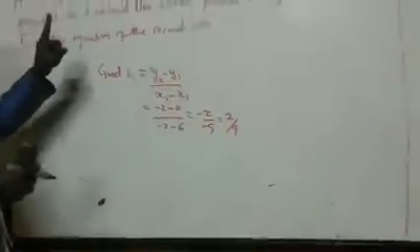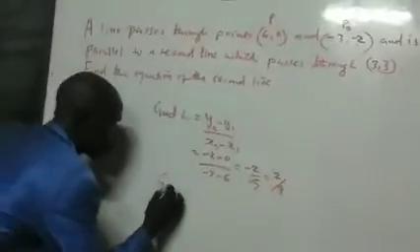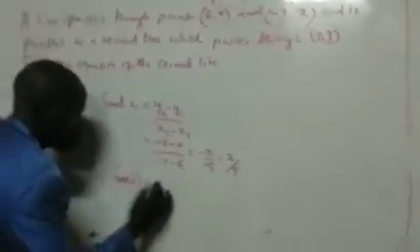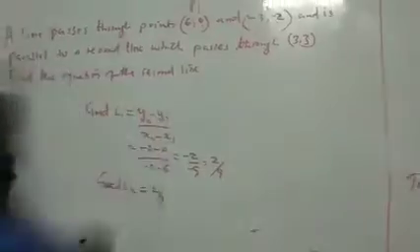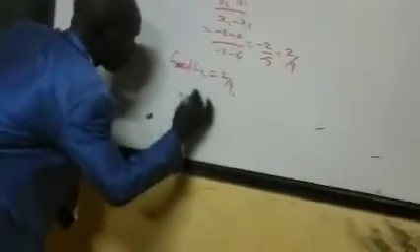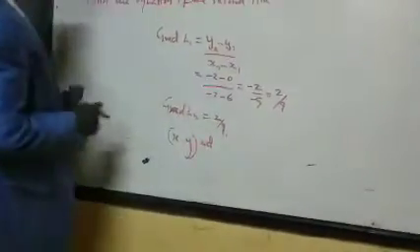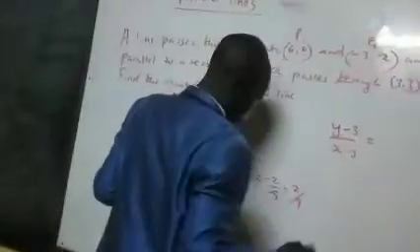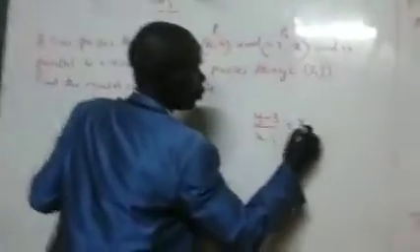And since we are told that the second line is parallel to the first line, then the gradient of the second line is now 2 over 9. Now taking a general point, x, y, and the given point through which the second line passes, which is 3, 3, we can use x, y, and 3, 3 to find the gradient of L2 by saying y minus 3 over x minus 3 is equal to 2 over 9.